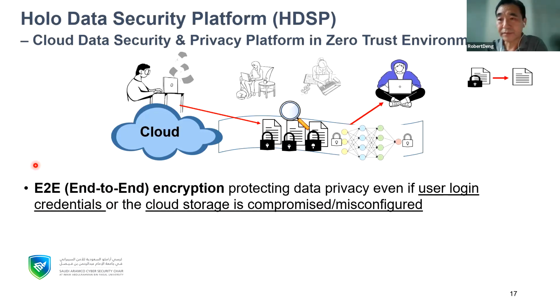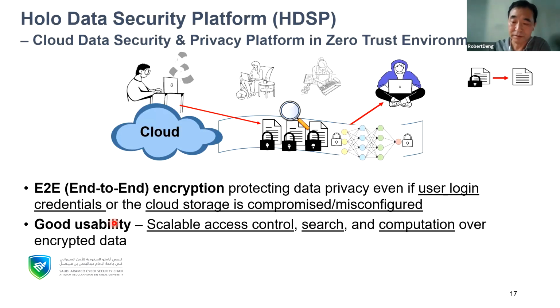But in general, encryption is easy. It's a very mature technology. The problem with encryption is that we must make the system usable. My data has very strong protection, but it must also provide very good usability. So what are the important aspects of usability?